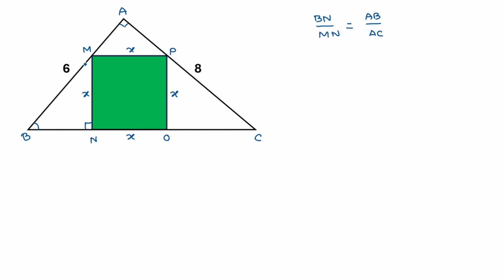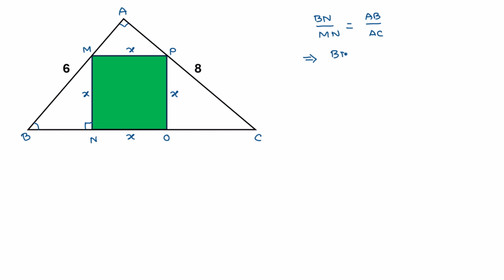This is the ratio from triangle BMN and this is the ratio from triangle ABC. Now substitute the values of MN, AB and AC, and we will get the value of BN.